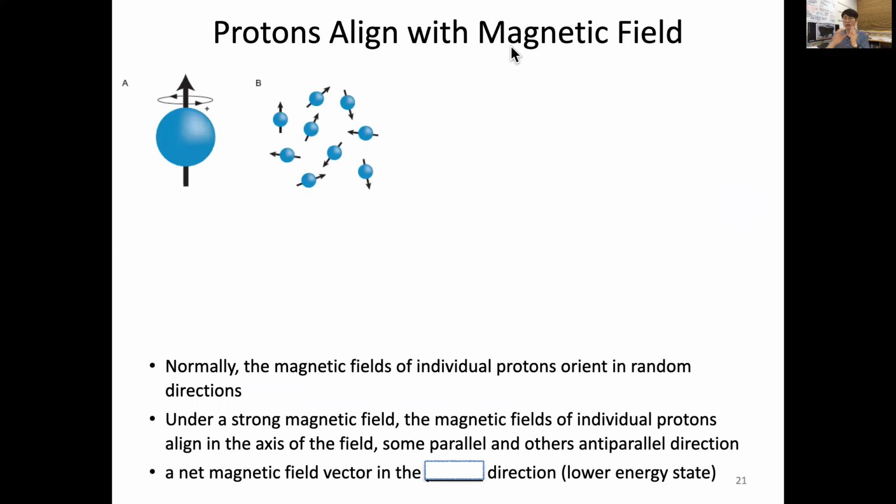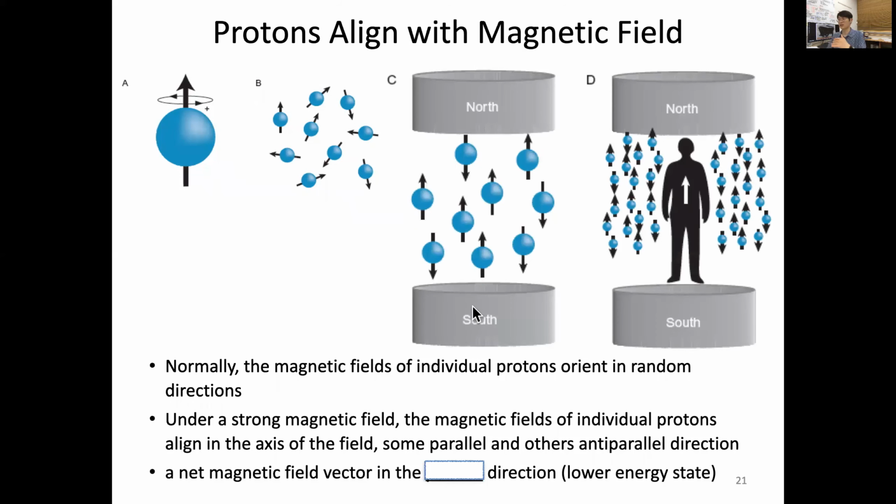Protons, like tiny magnets, are usually random. In the normal case, the magnetic fields of individual protons orient in random directions. But in the MR machine, we use a strong static magnet, which is very strong, so that individual protons will eventually align along the axis of the field.